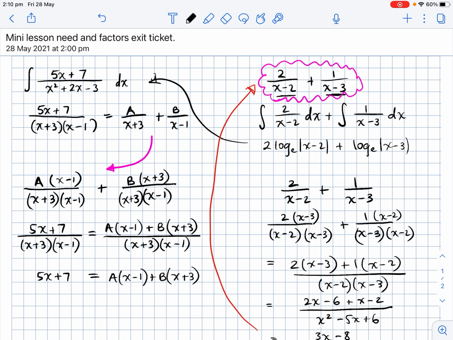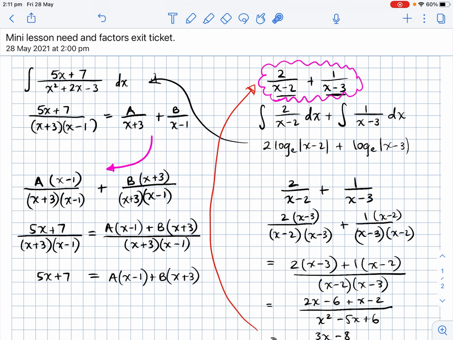And we're starting to get to this space where we have an a and a b, and we only have one equation though. So I'm a little bit stuck, where normally when we've got two unknowns, we use two equations to solve them simultaneously. In this particular case though, because the x's on the left-hand side are the same as the x on the right-hand side, this is like a polynomial that we're trying to solve.